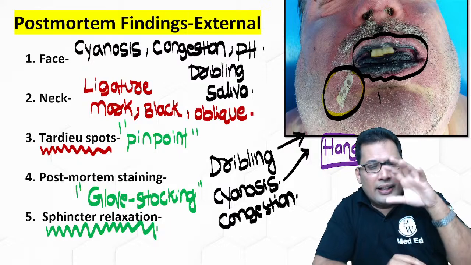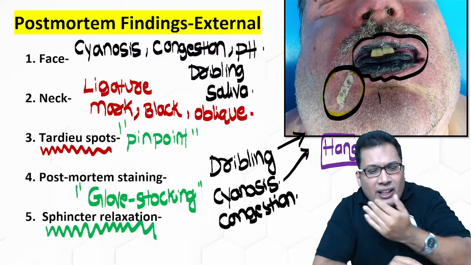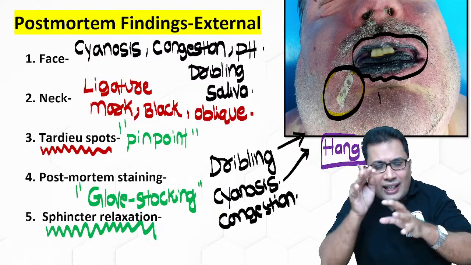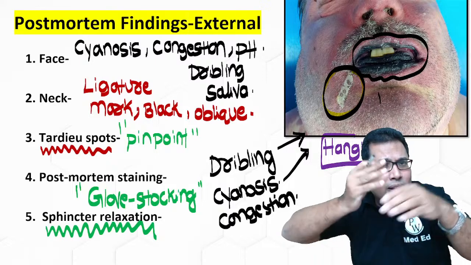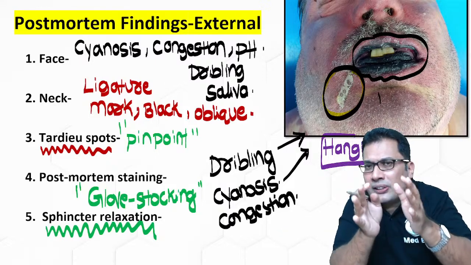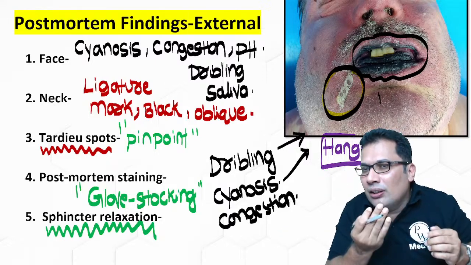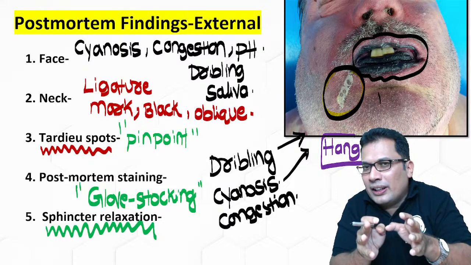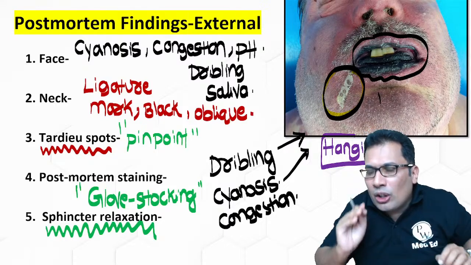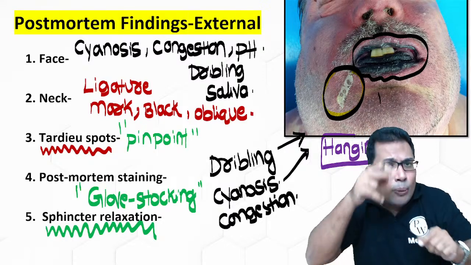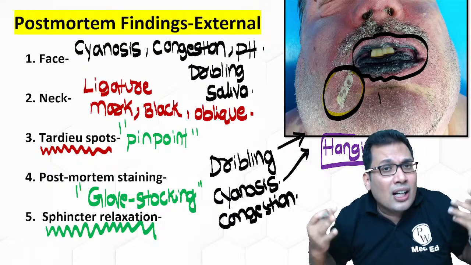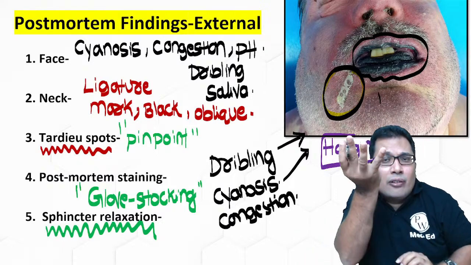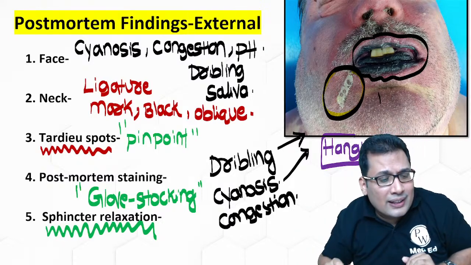You need to write external findings. Over the face, you will see congestion, cyanosis, petechial hemorrhages, and dribbling of saliva present opposite to the side of knot. It also shows that it is a case of antemortem hanging. Neck, you will see oblique ligature mark, dry hard parchmentization above the level of thyroid cartilage in 80% of the cases.